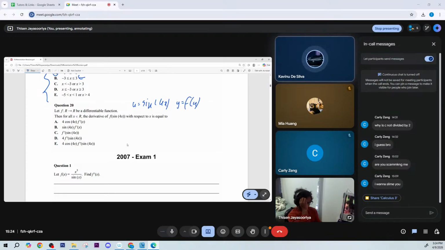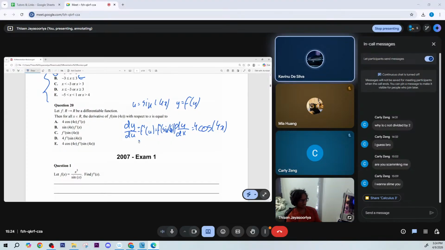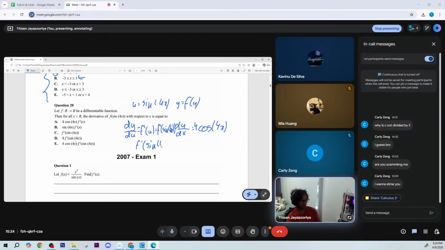So du on dx is 4 cos of 4x, and dy on du is f dash of u, which is f dash of sine 4x. Then you just times the two things together. So we get f dash of sine of 4x times 4 cos of 4x, and hence we get answer option E.